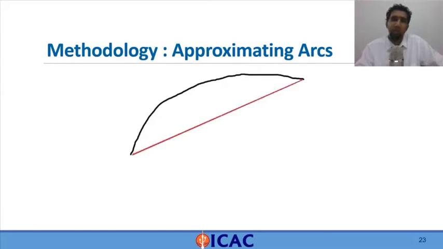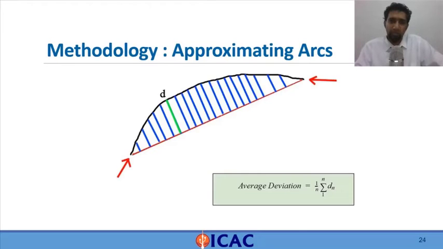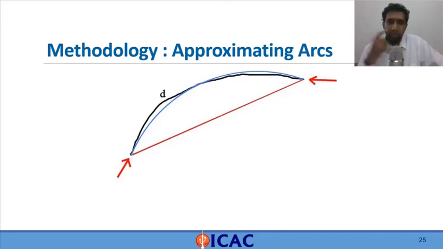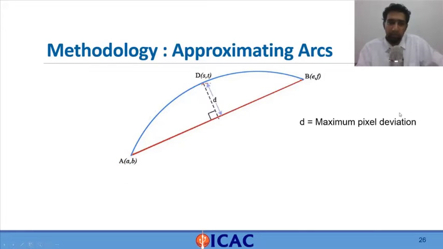In the case of an arc, the deviations are higher, as you can see. So the average is higher than the threshold, and you can approximate it as an arc. The challenge is to render this arc, this blue arc right here. At this point you know the maximum deviation point.